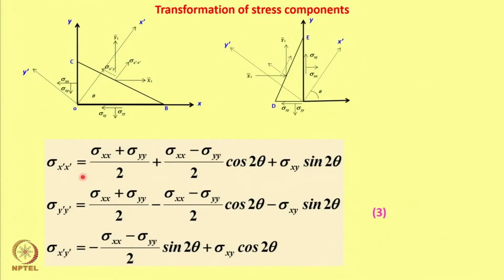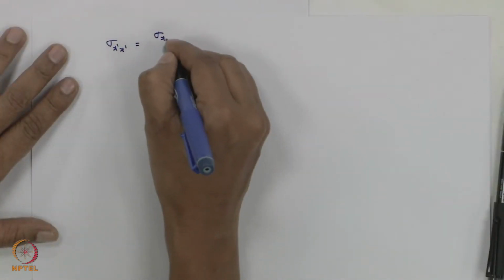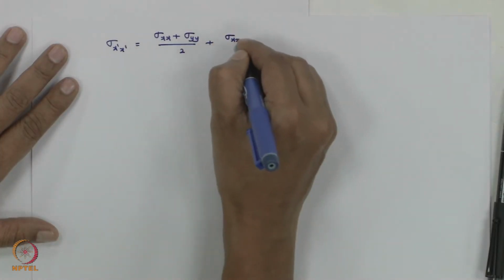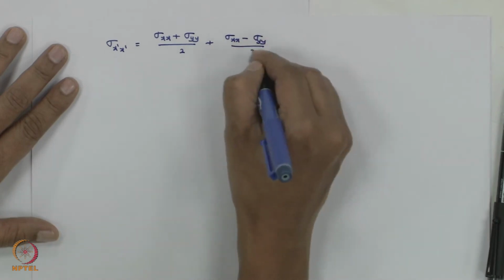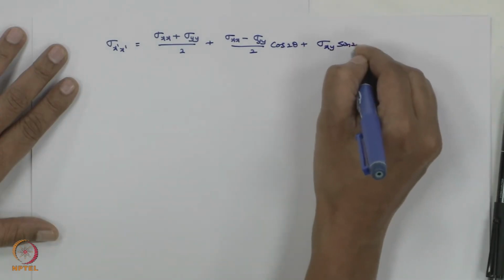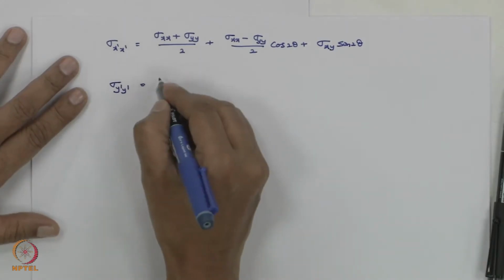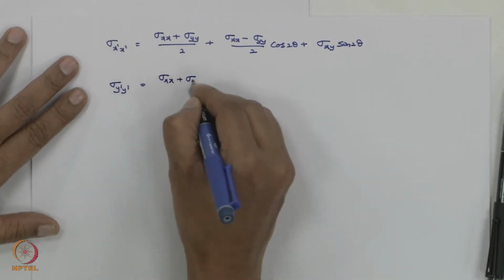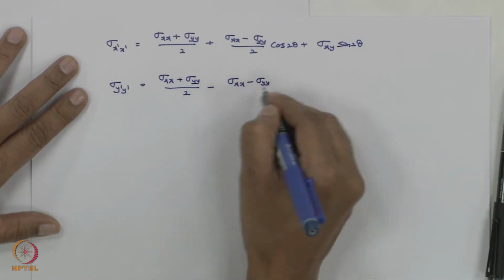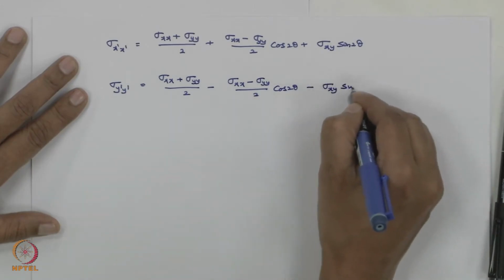I write sigma x prime is equal to sigma xx plus sigma yy by 2 plus sigma xx minus sigma yy by 2 cos 2 theta plus sigma xy sin 2 theta, and sigma y prime is equal to sigma xx plus sigma yy by 2 minus sigma xx minus sigma yy by 2 cos 2 theta minus sigma xy sin 2 theta.